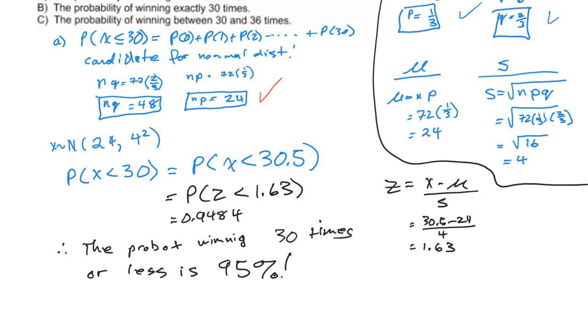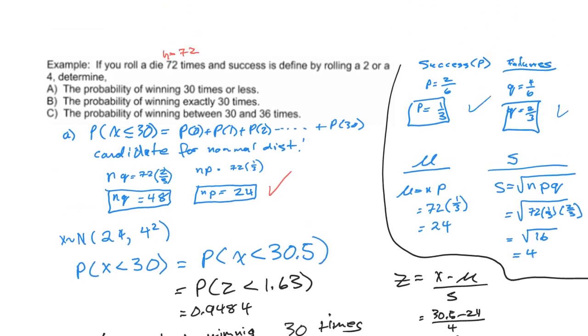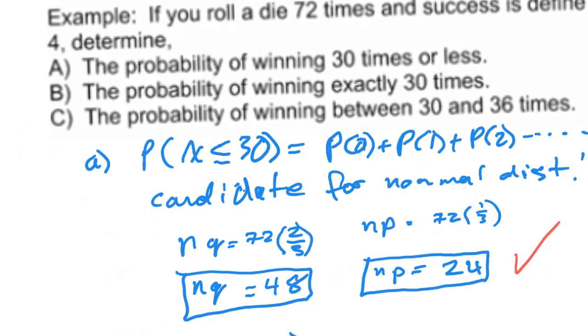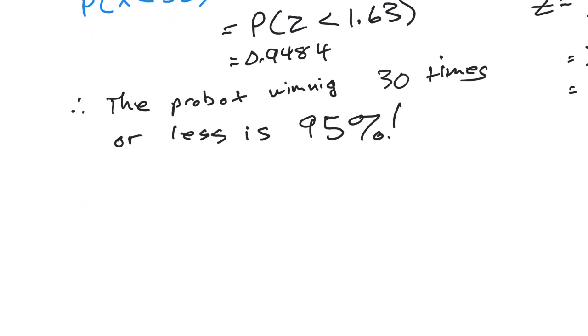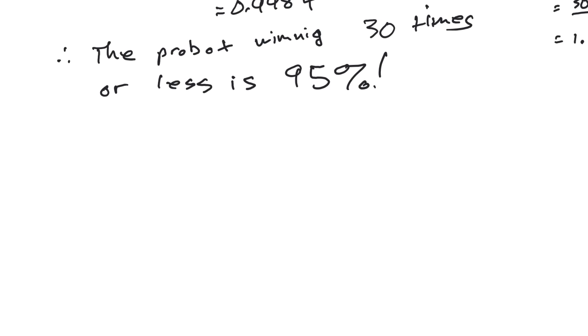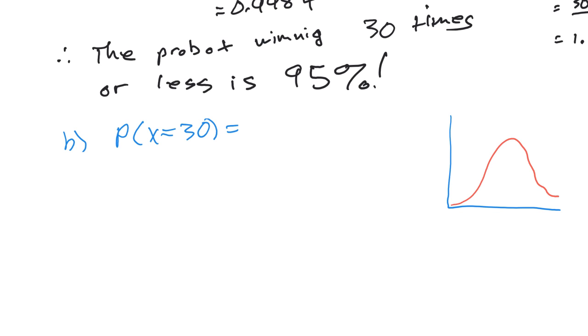So now let's take a look at the next problem here. It's saying, what is the probability of winning exactly 30 times? We've taken a look at that already. So in order to do that, you're going to say, okay, B is equal to the probability of X equaling 30, which, if you recall, based on our Z-score chart or our normal distribution chart, you've got something that looks like this, right?